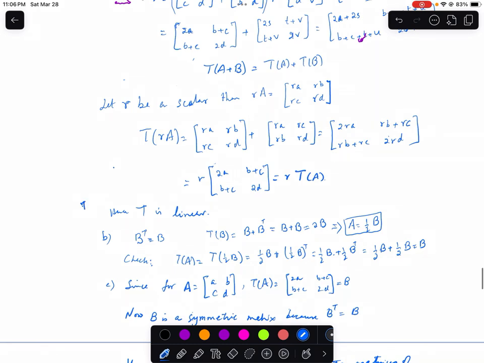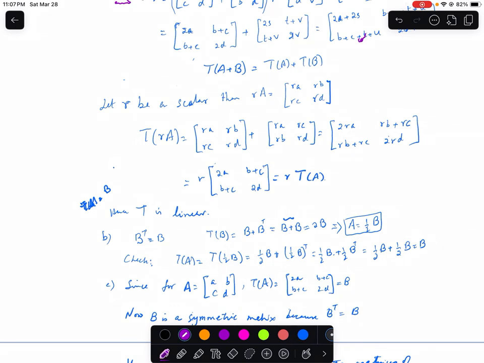So we say, okay, we know that B transpose is equal to B. So if I do T of B, then it will give me B plus B transpose. But B transpose is equal to B, so I replace it over here, B plus B, which means 2B.